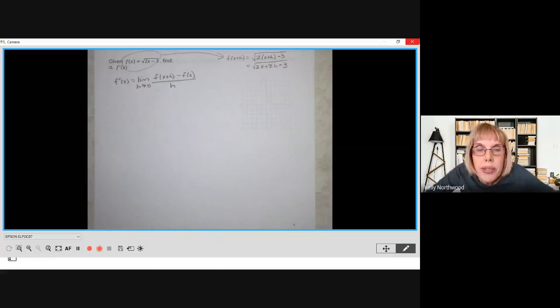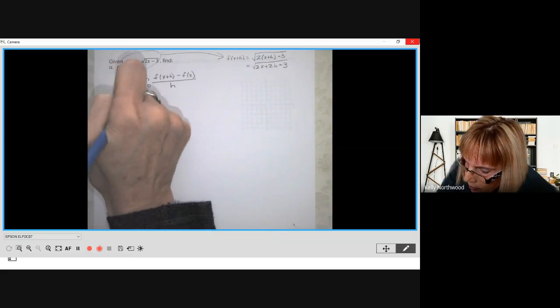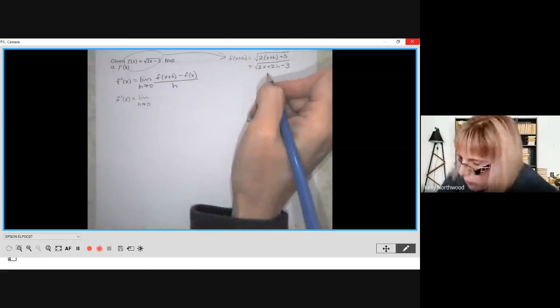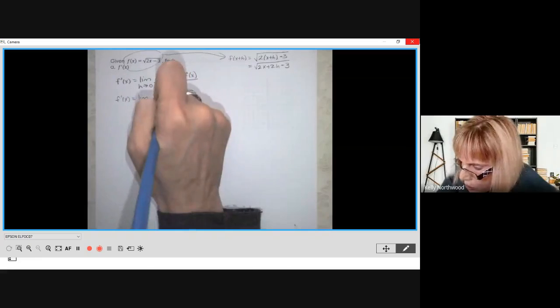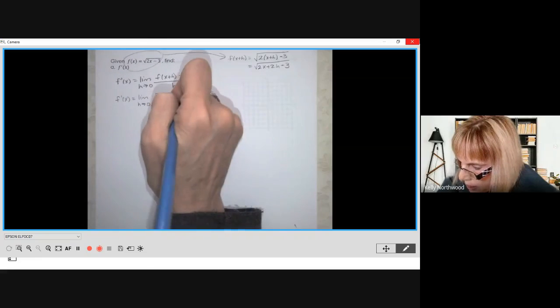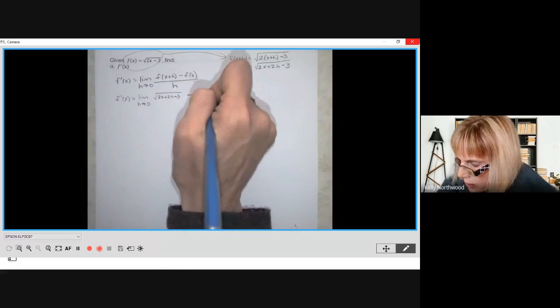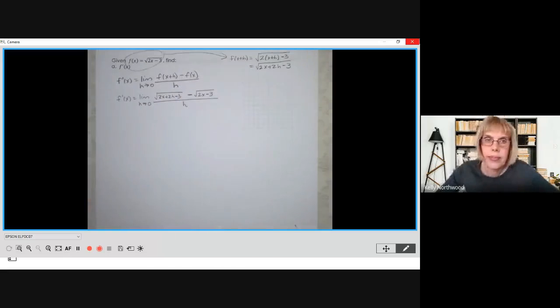There's no like terms there, so that's the best you can do. So f prime of x is going to be the limit as h approaches 0 of the root of 2x plus 2h minus 3 minus the root of 2x minus 3, all over h.